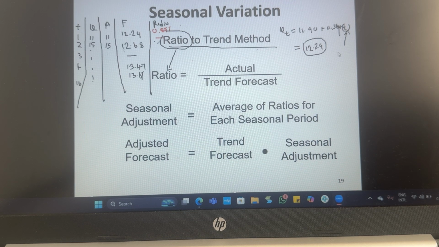And like this, we jump to the fifth one. What is the fifth one? This one.